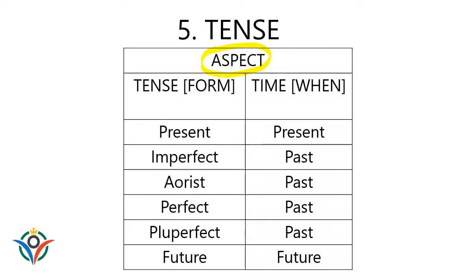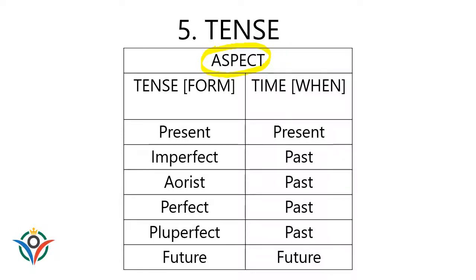So because aspect is such a crucial concept to understand, I'm going to reserve a specific section to speaking about it and explaining it to you, and focus now on tense and time. Now, from the outset, I want to be very clear what I mean by these terms.